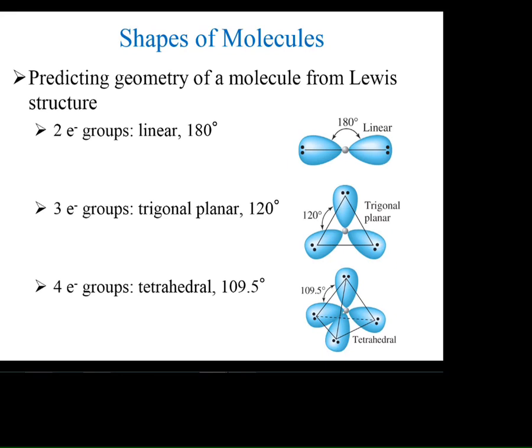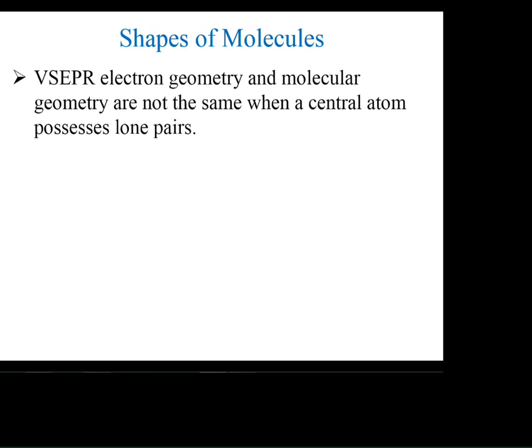Okay, well that's the way the electron groups are going to arrange themselves. But we said though, an electron group might be a bond to an atom, but it also might be a lone pair that's not actually attached to anything. So the electron geometry is not the same as what we call the molecular geometry if you have lone pairs on that central atom.